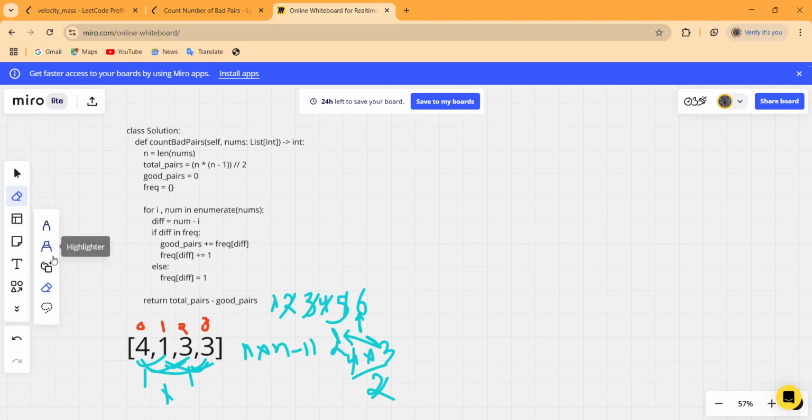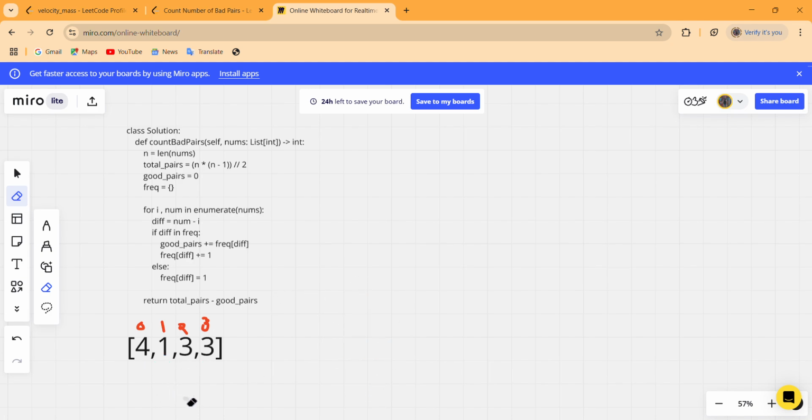So first we take the total pairs possible, and then we initialize a good pairs variable to 0. That means we are checking the total possible good pairs, and then a dictionary.